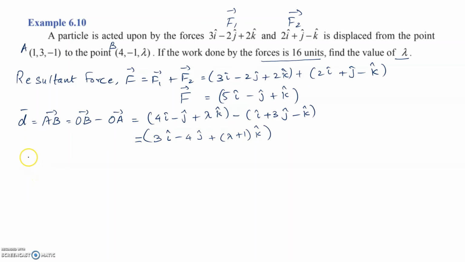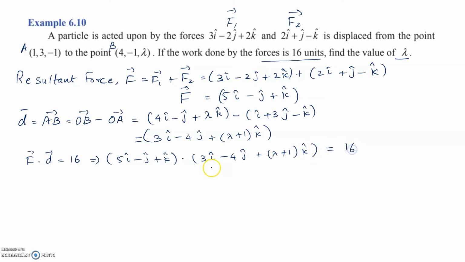Okay, so we are given F dot D is equal to 16. Therefore, our F dot D is 5i cap minus j cap plus k cap dot product with 3i cap minus 4j cap plus lambda plus 1 k cap is equal to 16.